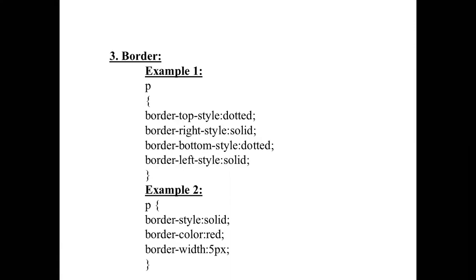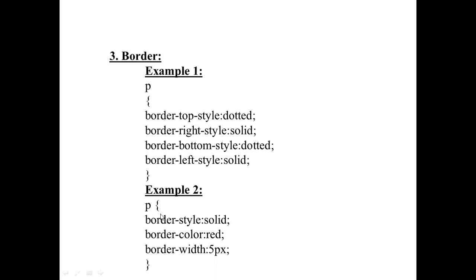Next one, border. The border goes around the padding and content. The middle layer in the box model is the element's border. CSS border has four properties: style, width, color and individual sides. In the example, we apply a border to the paragraph.